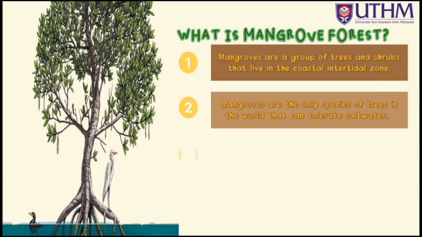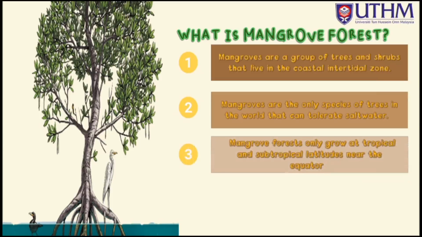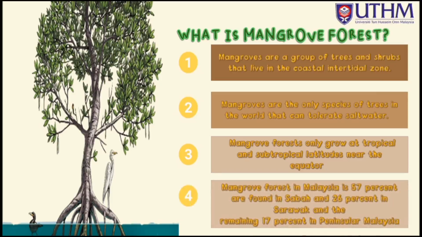Third, mangrove forests only grow at tropical and subtropical latitudes near the equator. Fourth, of the mangrove forests in Malaysia, 57% are found in Sabah and 26% in Sarawak and the remaining 17% in Peninsular Malaysia.